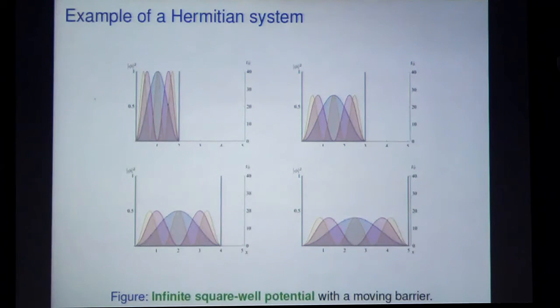This system was proposed by Fermi, like 70 years ago, trying to explain cosmic rays. He was saying, maybe we can model the whole galaxy with a particle in a box system where the walls are moving back and forth.